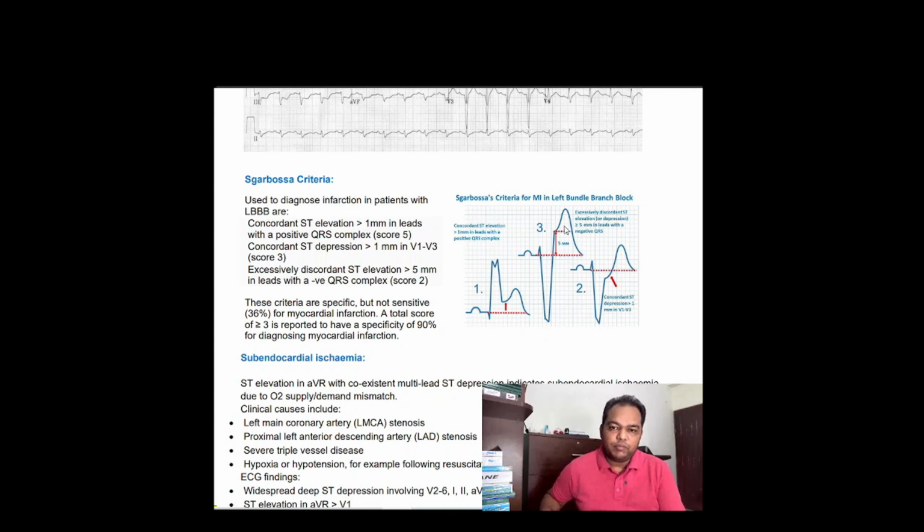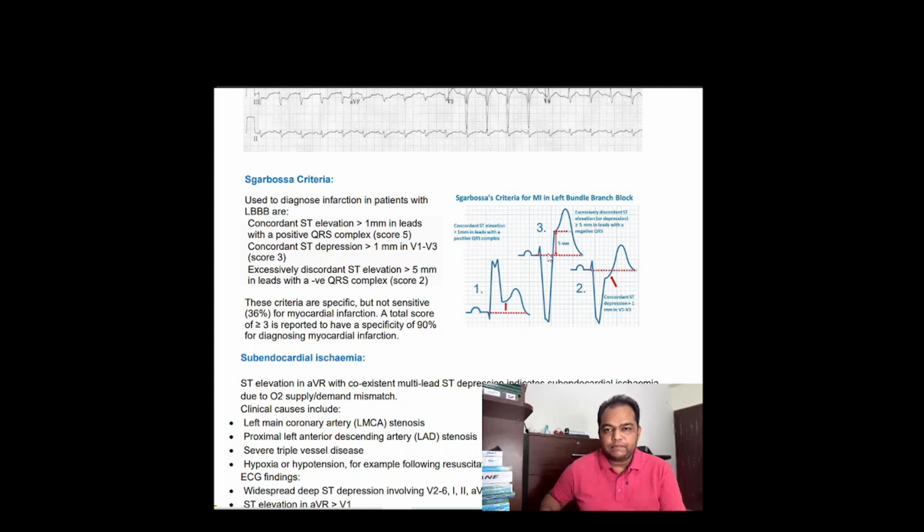And point number 3, you can see the number 3 ECG pattern, discordant ST elevation. Where is discordant? You can see the isoelectric line here. The red mark is the isoelectric line. The QRS complex is negative, but the ST elevation is in a positive deflection.